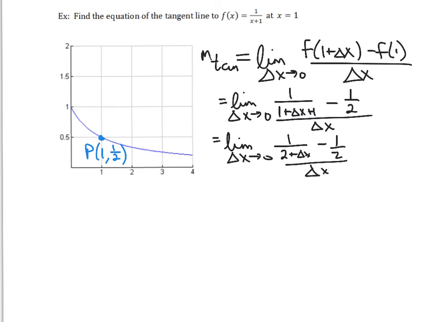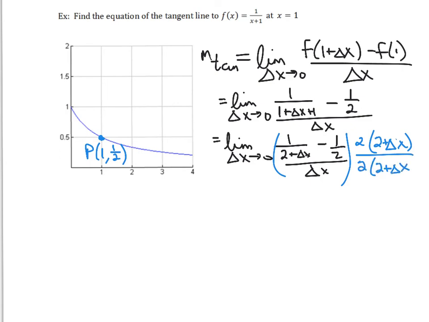Now to simplify this complex fraction, we're going to multiply the numerator and the denominator by the least common denominator. So in this case, we're going to multiply by 2 times 2 plus delta x. And don't forget to multiply both numerator and denominator by that.